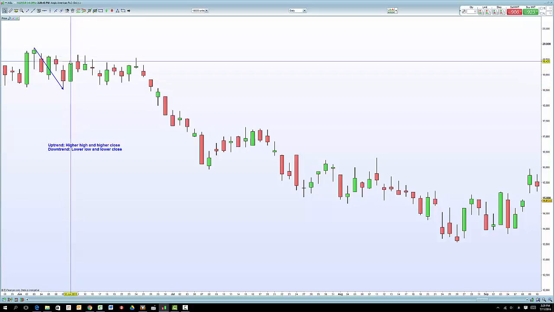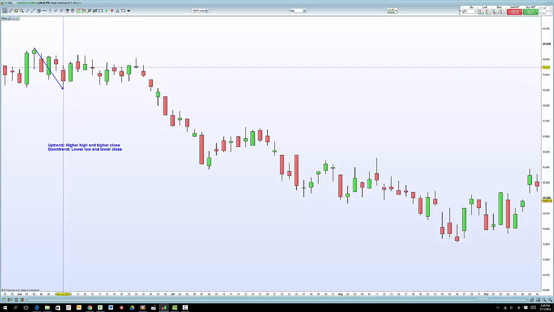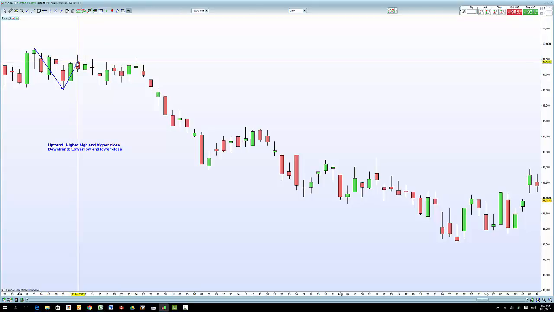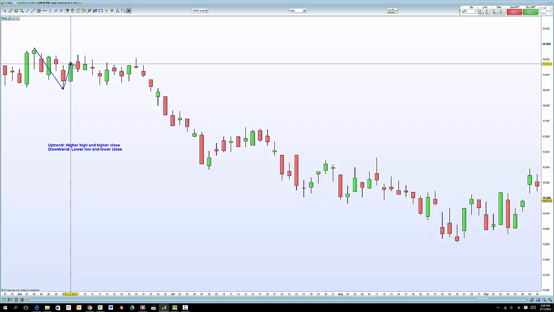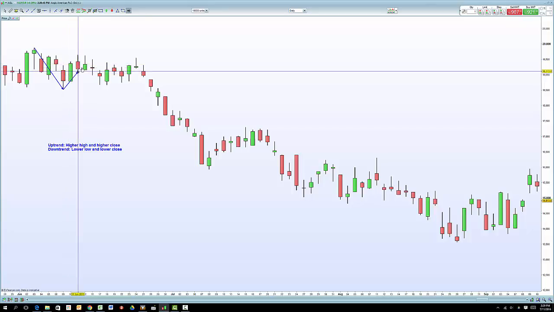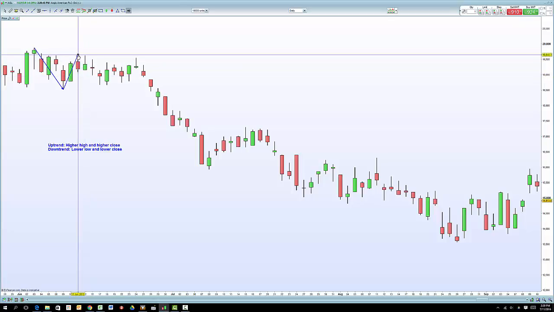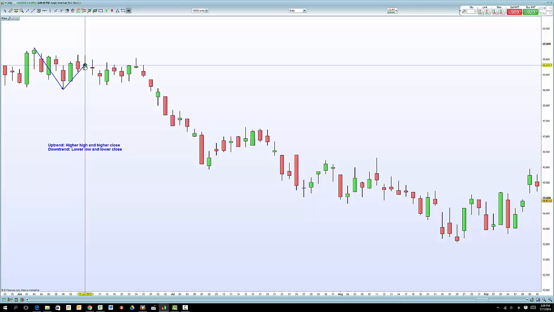Next, we've got this candle here, which has a higher high than the previous candle and a higher close. So what we're starting to see is the start of this uptrend here. Next candle has a higher high than that candle but a lower close. We ignore it. This candle is actually inside the high and low of its predecessor candle, so we can ignore it.